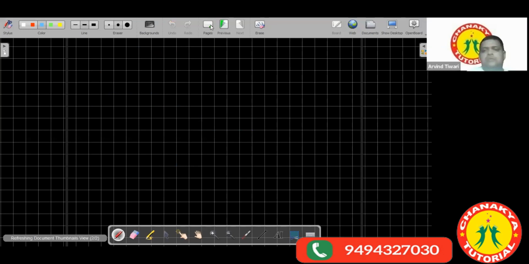For your simplicity, I am marking all the units. So you have 2, 4, 6, 8, and then -2, -4, -6, and here you have -8.